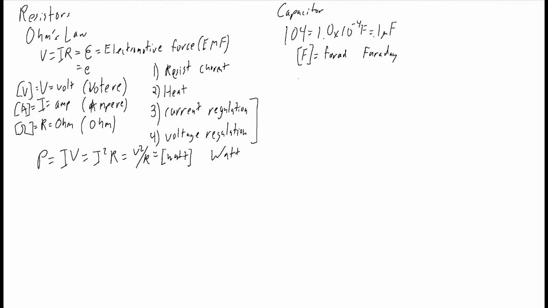So we have a capacitance that is C, and that is Q over V. So that means that V is equal to Q over C, like so. C here is the capacitance, that's in farads.